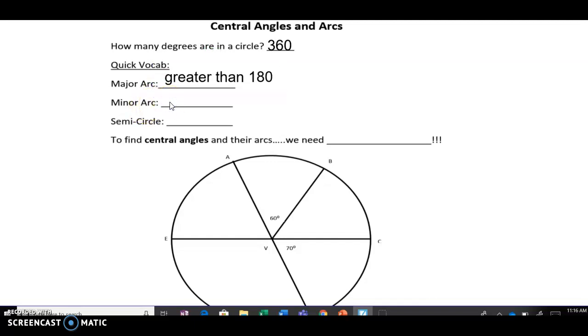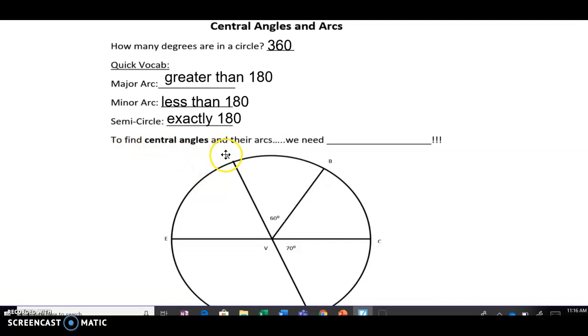A minor arc is going to be less than 180 degrees, and a semicircle is exactly 180 degrees. So if we have an arc whose measurement is greater than 180 degrees, it's a major arc. Less than 180 is a minor arc, and exactly 180 is a semicircle.